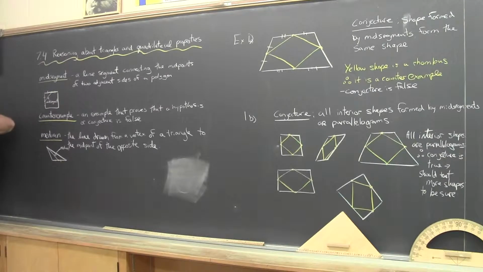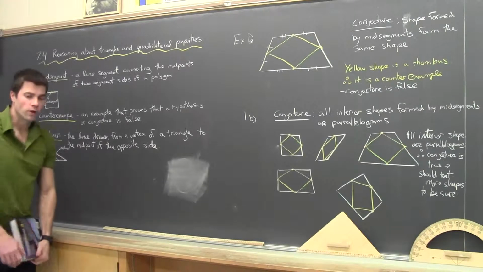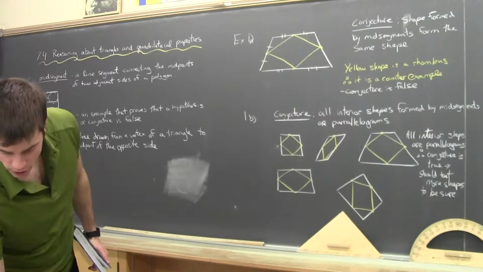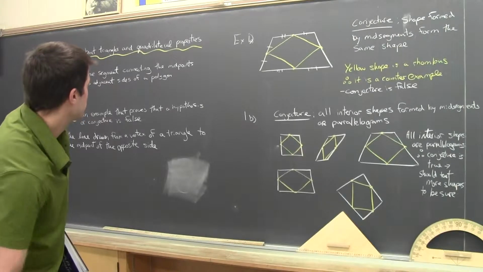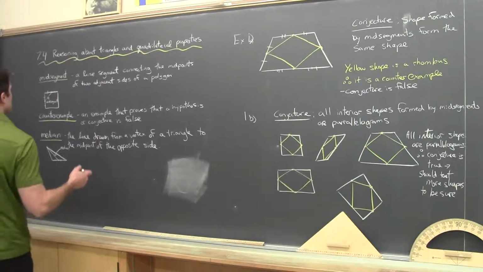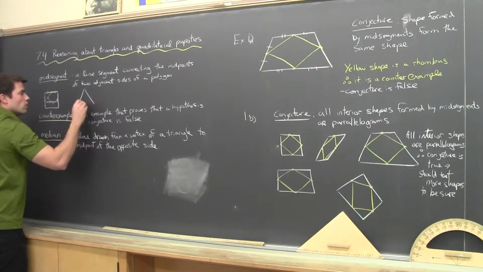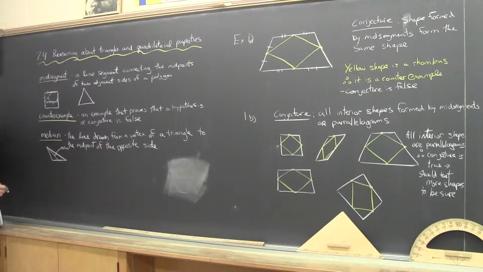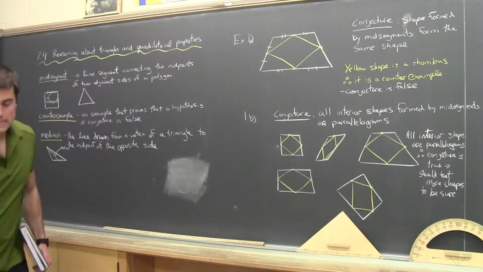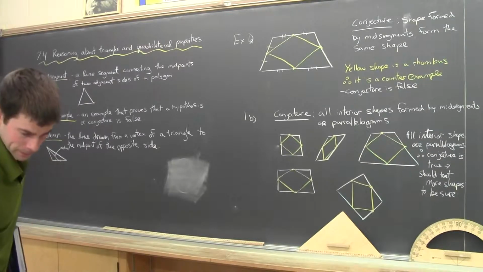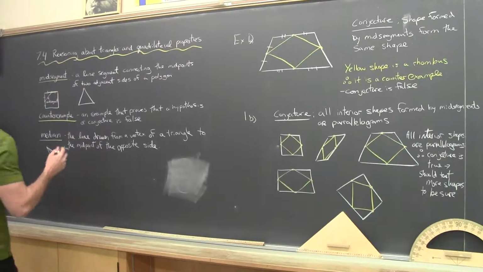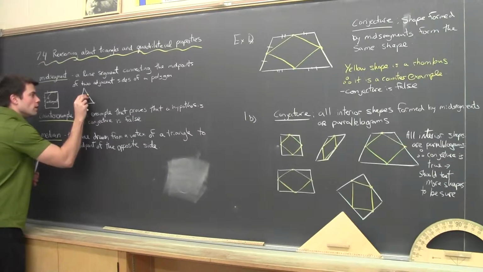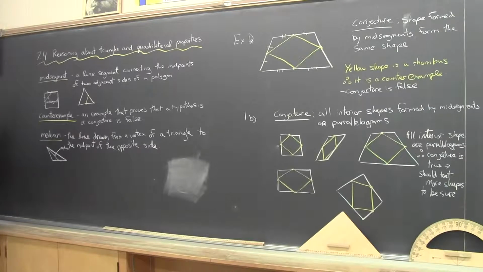So that's referred to as a mid-segment. If we looked at a triangle, for instance, our mid-segment would be from one midpoint to another midpoint. Okay, so that is a mid-segment.